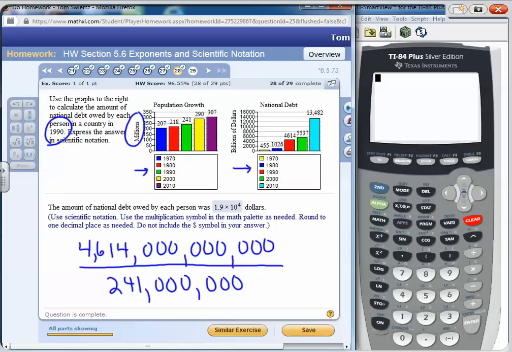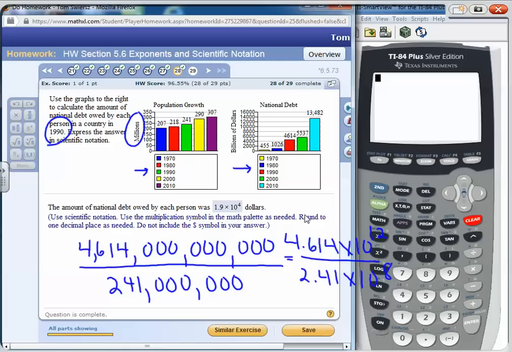So what do we have here? In scientific notation, the money number would be, moving it over 3, 6, 9, 12, 4.614 times 10 to the 12th, divided by 2.41 times 10 to the 8th, the amount of money divided by the amount of people.